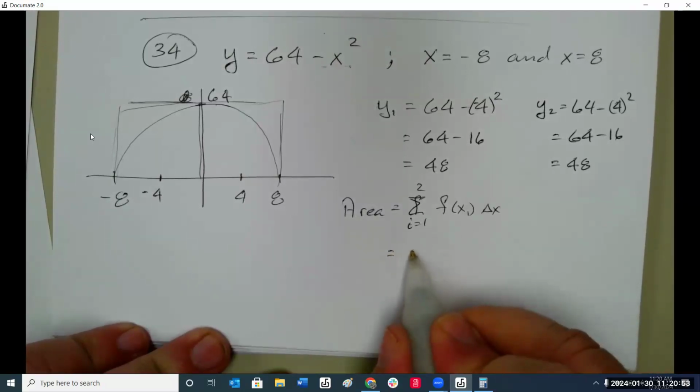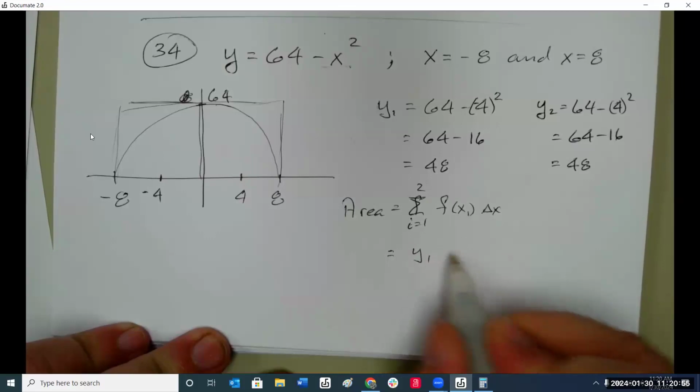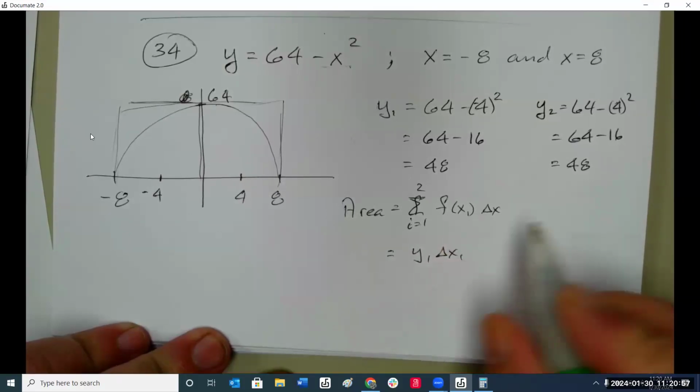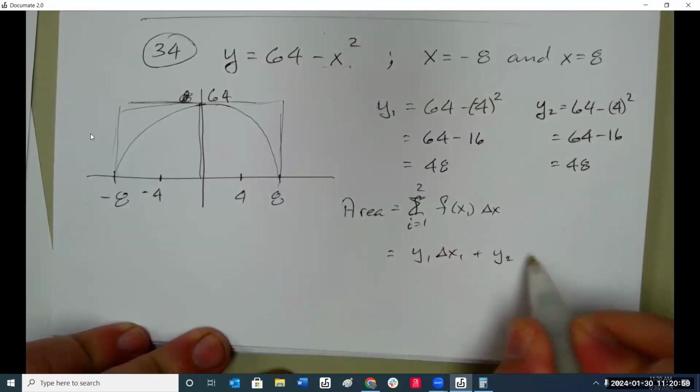So we have y1 times delta x1 plus y2 times delta x2.